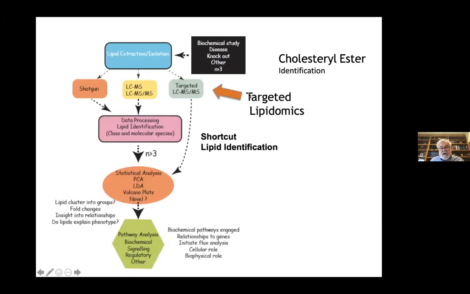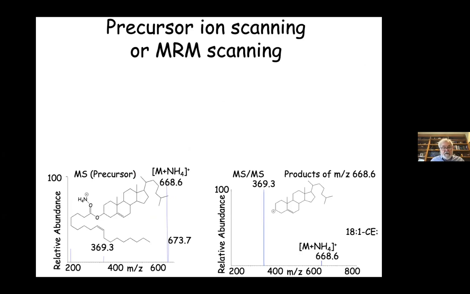Okay, what about targeted lipidomics? Now, I sort of explain how we use that for some of these neutral lipid classes, and we use them for the cholesterol esters. This is a little bit of targeting using precursor ion scanning or MRM, and I'll explain both of these.